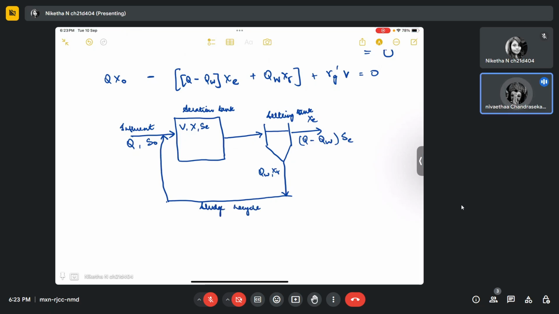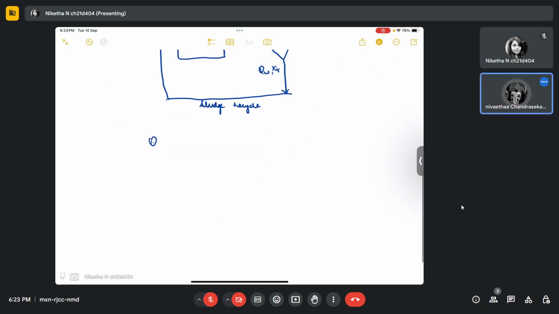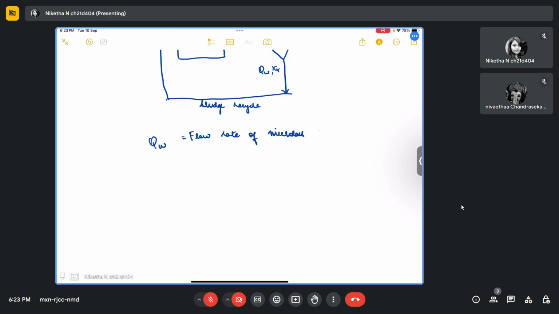Ma'am, what is that Xe, ma'am? Yeah, I'll write all those terms now. QW is the flow rate of the microbes to be wasted. X naught is the inlet concentration of the microbes.